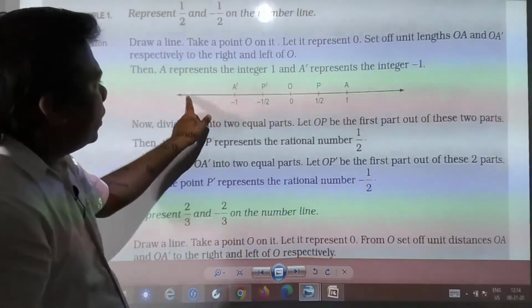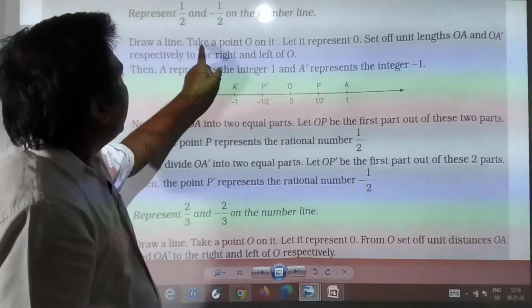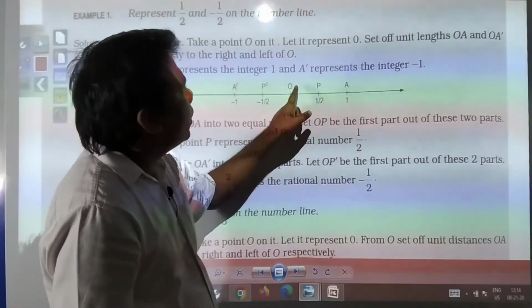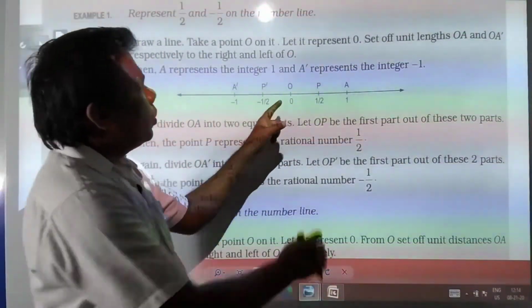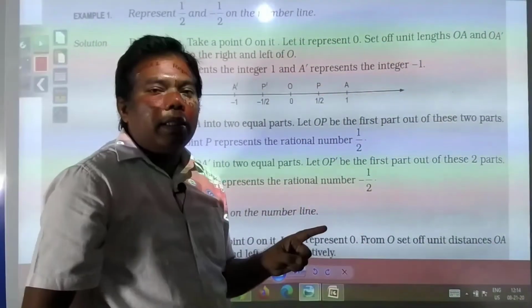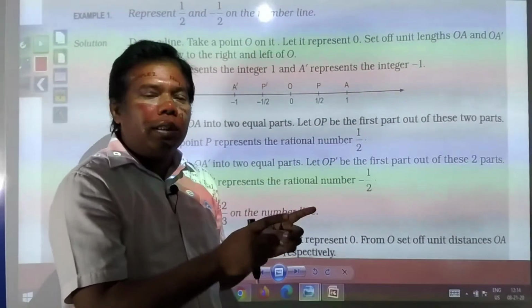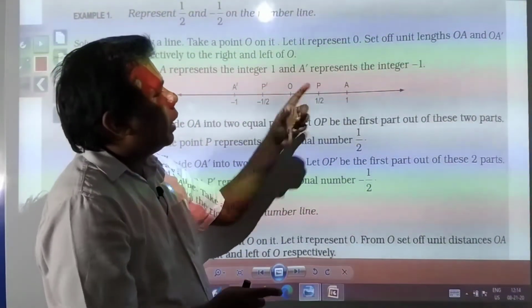Draw a line. Take a point O, let it represent 0, and set up unit length OA. The unit length may be 5 cm, 2 cm, 3 cm, 1 cm, whatever length you wish to take.